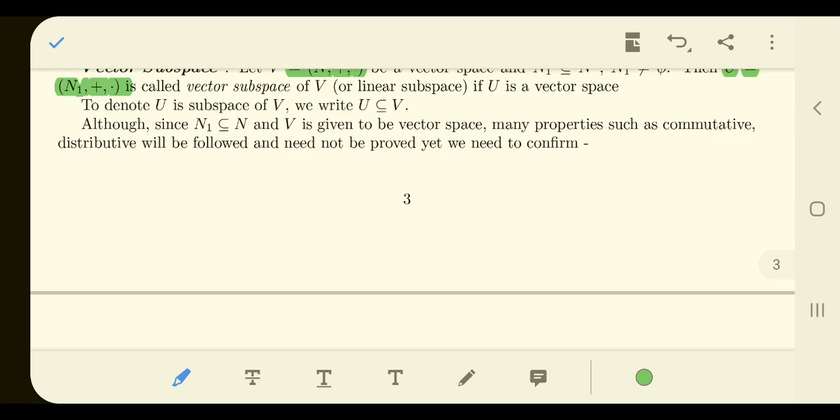We are just trying to figure out whether a particular algebraic structure that we have been given is closed over scalar multiplication and closed over vector addition or not. Once we are done with that, we understand that it is a subspace.